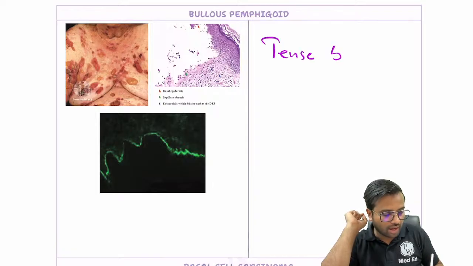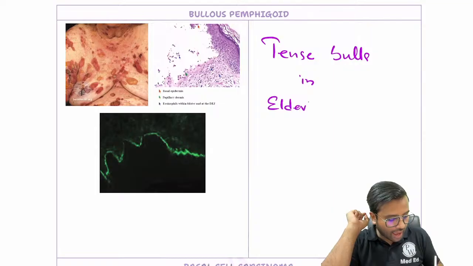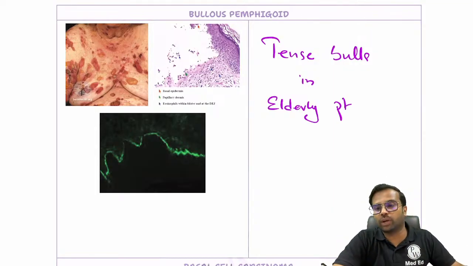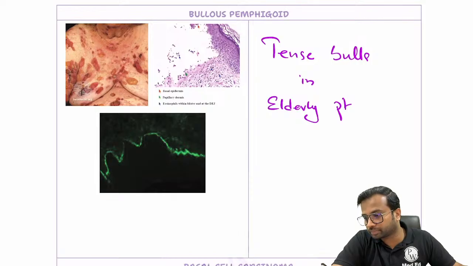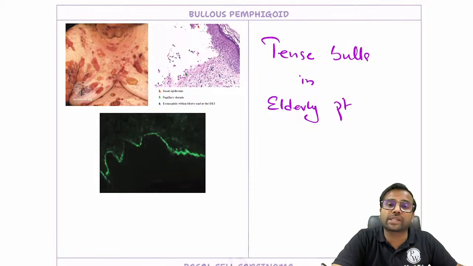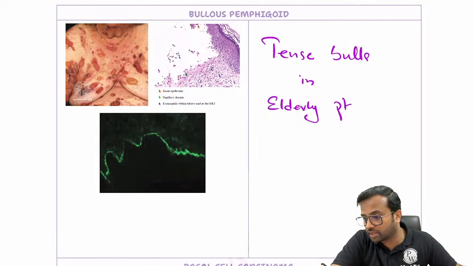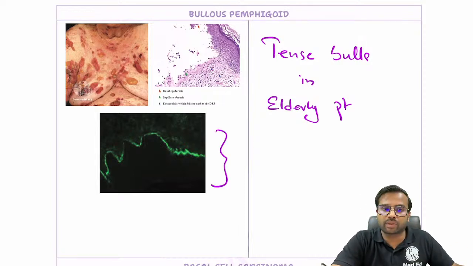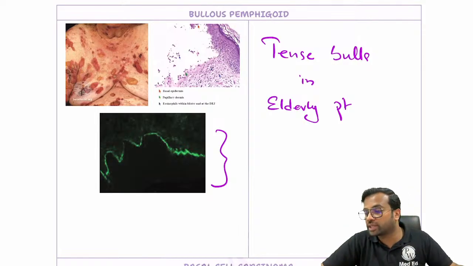You can see a tense bulla in an elderly patient. So whenever you see a very tense bulla in an elderly patient, this is called bullous pemphigoid, isn't it? And here what you have to see is, in this case, what is the name of this direct immunofluorescence finding?